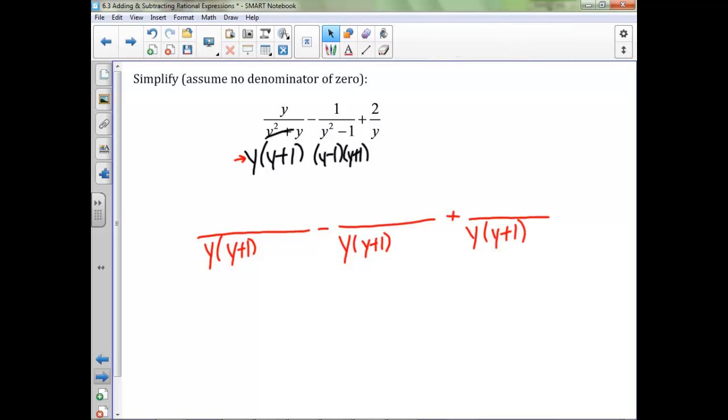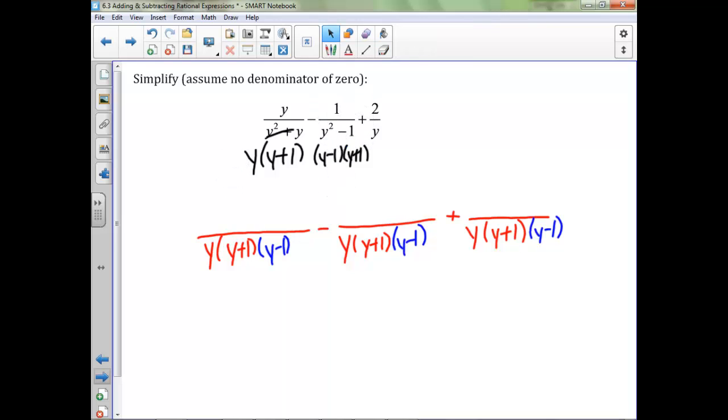But then we also need, from this middle fraction, we already have a y plus 1, but we need a y minus 1. And then looking at this last fraction, we already have our y accounted for, so that we are good. I'm going to go ahead and erase these little marks that I wrote.